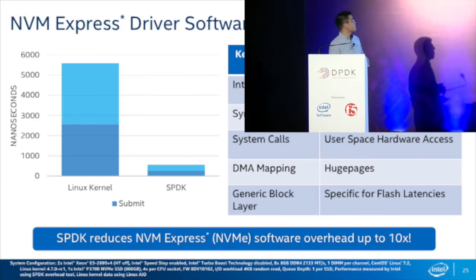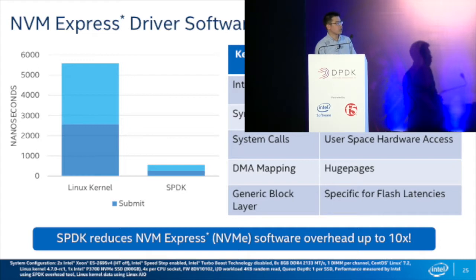And this page just lists the user space NVMe driver's performance gain compared with the Linux kernel. You can see there are 5 different areas. For example, SPDK uses an asynchronous poll mode driver. It is lockless. And we use user space hardware access instead of system calls.